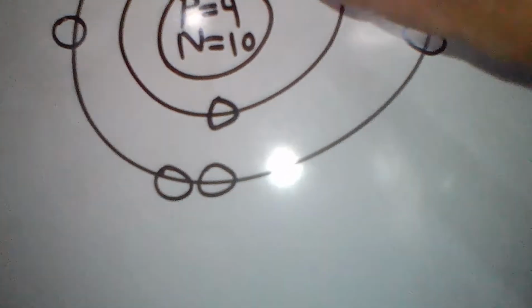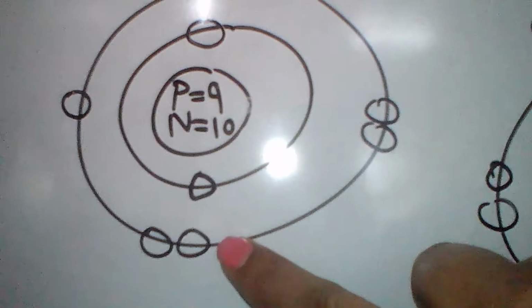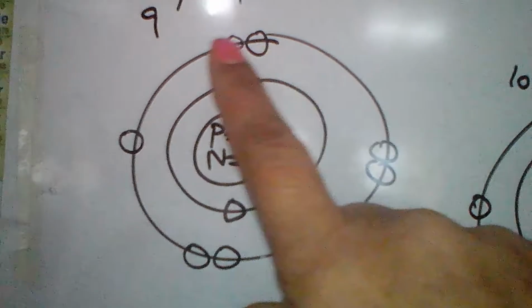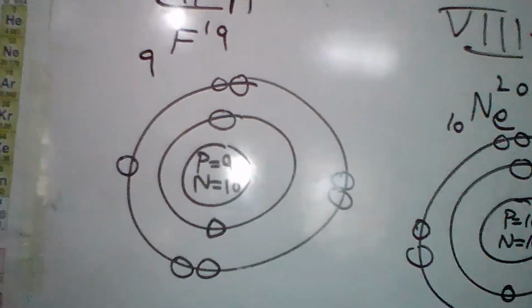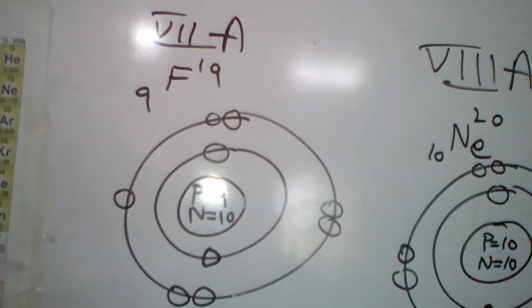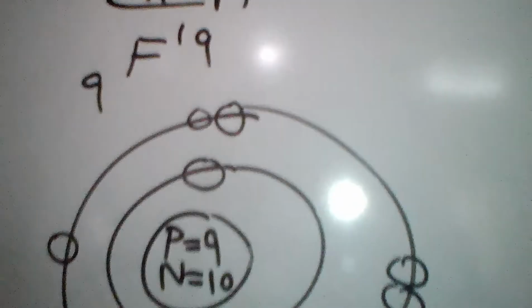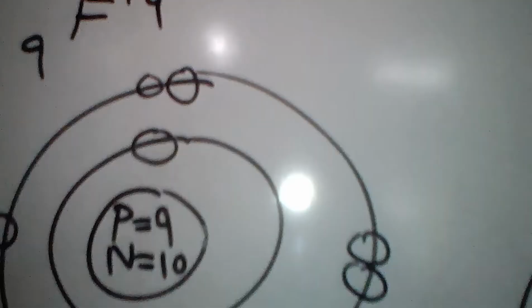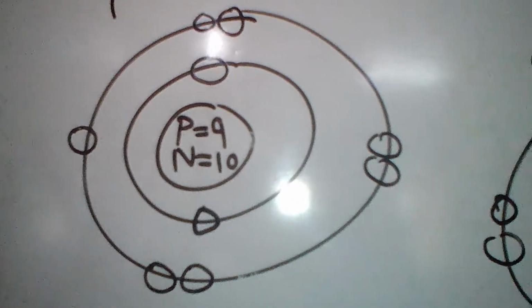So, we will have to arrange 9 electrons. 2 are present in the first shell and 7 are present in the valence shell: 1, 2, 3, 4, 5, 6 and 7. So, the elements belonging to the 7th A group have 7 electrons in the valence shell.